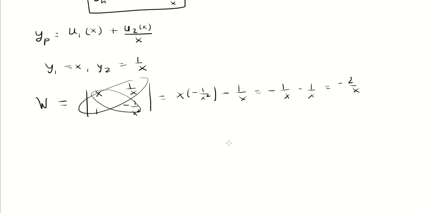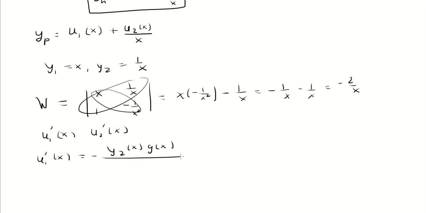Okay, next we use the formulas for u1 prime of x and u2 prime of x. So u1 prime of x is negative y2 of x times g of x over W, the Wronskian. y2 we said is 1 over x. g of x here is going to equal x cubed, over W, the Wronskian, which we said is negative 2 over x.